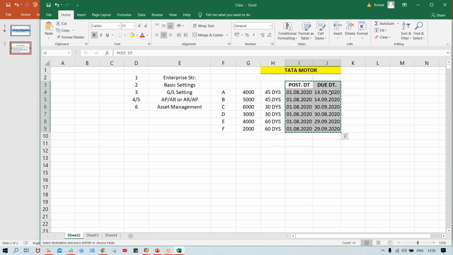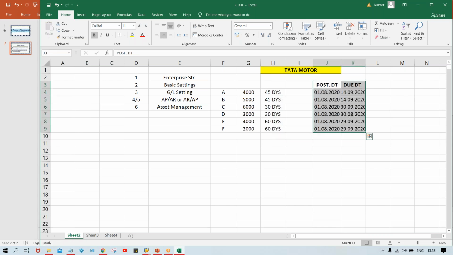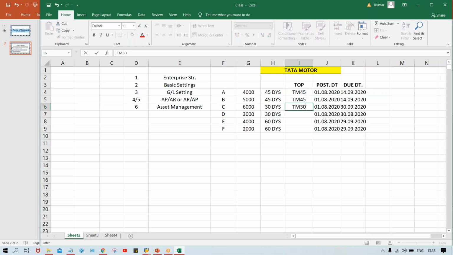Let's suppose terms of payment are created, for example TM45, which is going to be assigned. TM30, again TM30 is going to be assigned. TM60. Likewise, several terms of payment are going to be created.